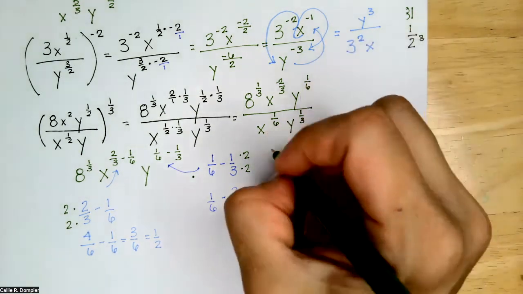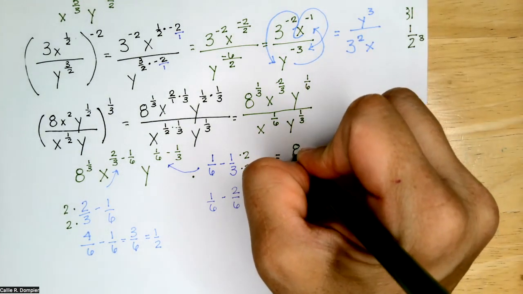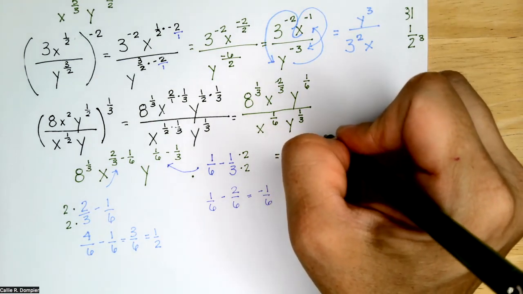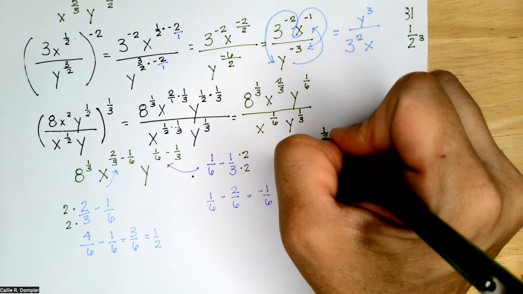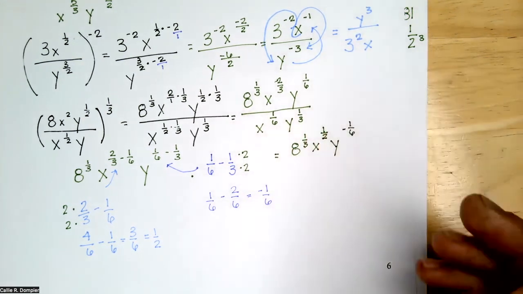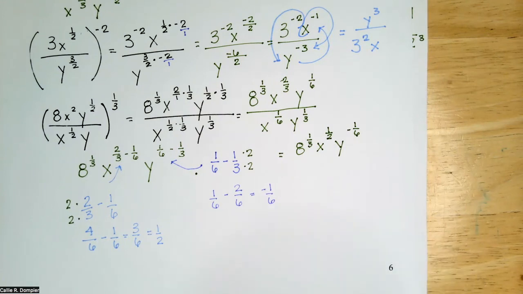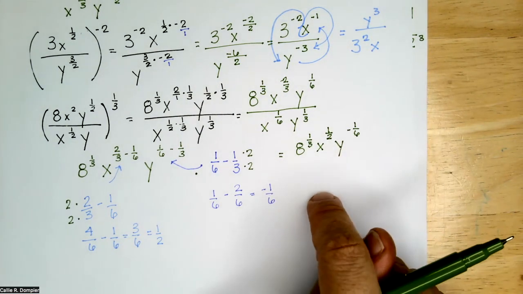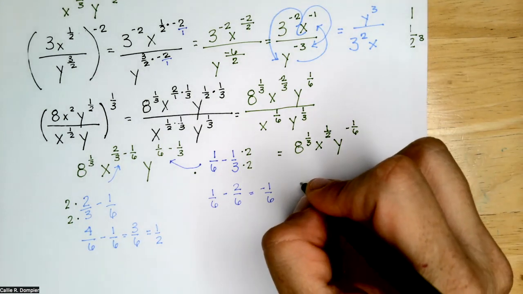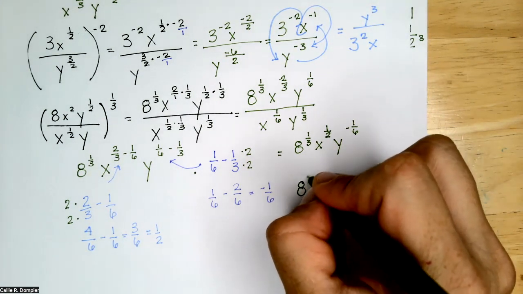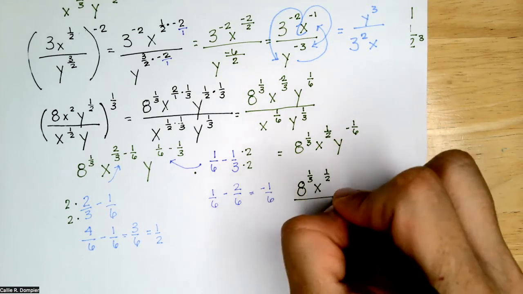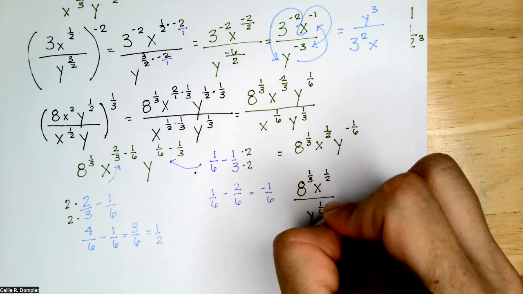So now we have 8 to the power of 1/3 x to the power of 1/2 y to the power of negative 1/6, right? Okay, because this is negative, I'm going to put it below the fraction bar, even though I know there's no fraction. So I'm going to make a fraction. So it's 8 to the 1/3 x to the 1/2 over y to the 1/6.